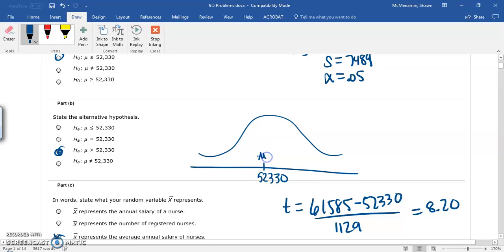So this is the population mean, and our result, 61,585, is 8.2 standard errors above the population mean.